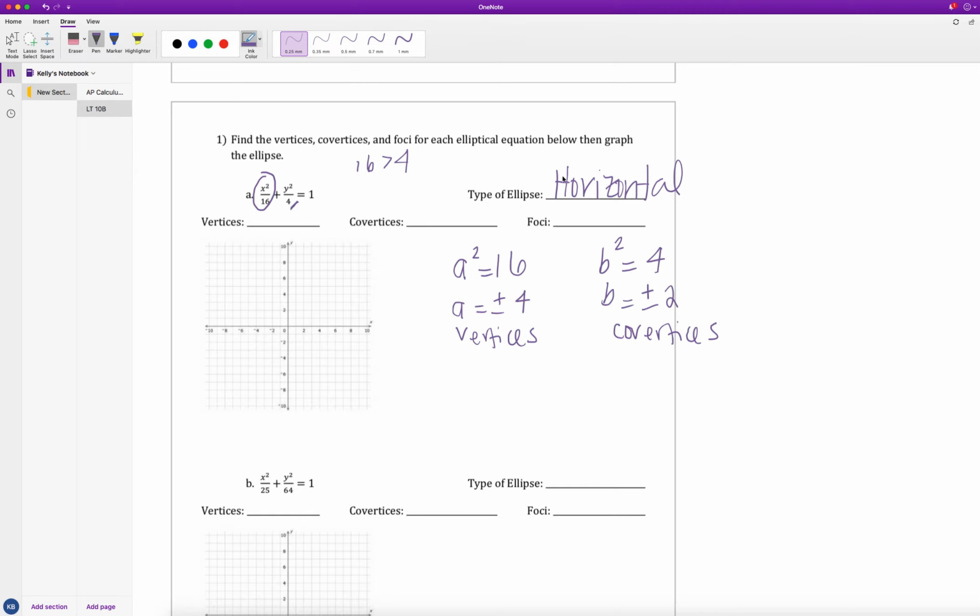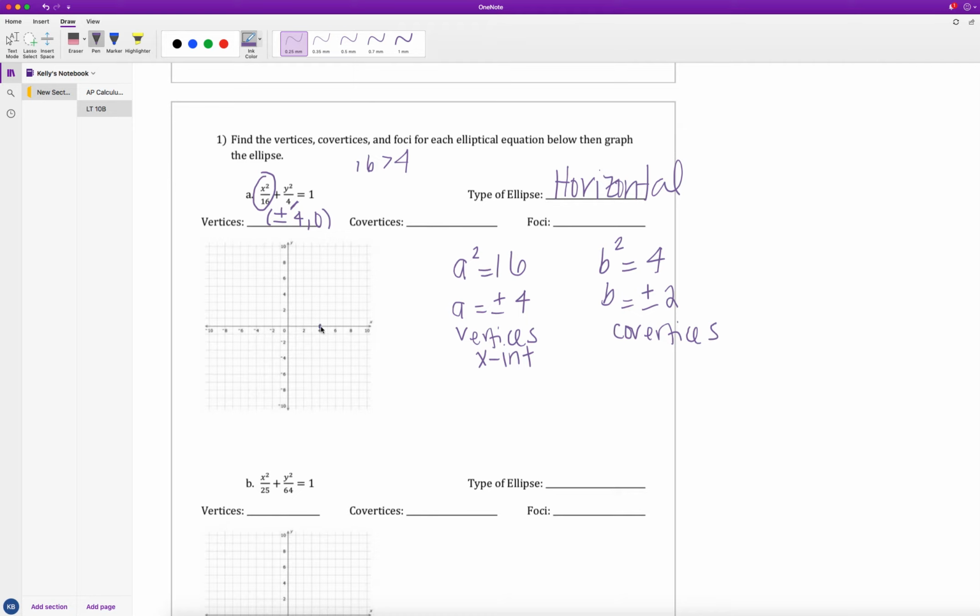Since it's horizontal, that means that my vertices should be x-intercepts. So my vertices over here are going to be at plus or minus 4, comma 0, because they're x-intercepts, which I'm going to go ahead and plot right now.